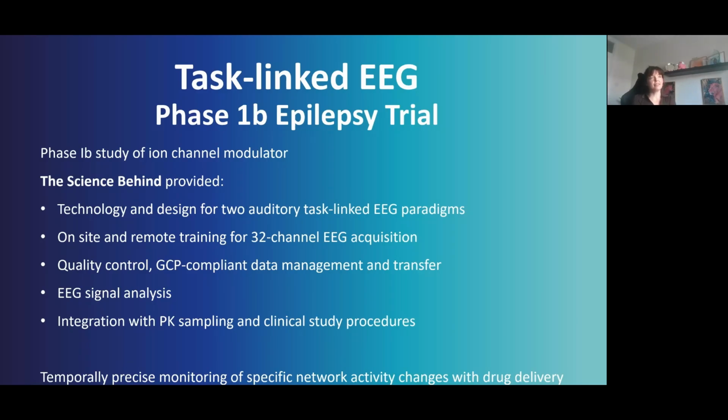And again, this was integrated with pharmacokinetic sampling and many other outcome measures to ensure a fluid delivery of the clinical trial. So again, demonstrating that you can get this really temporally precise monitoring of networks, in this case particularly specific networks that you're targeting or that your disease affects, and see how that changes with your drug delivery.